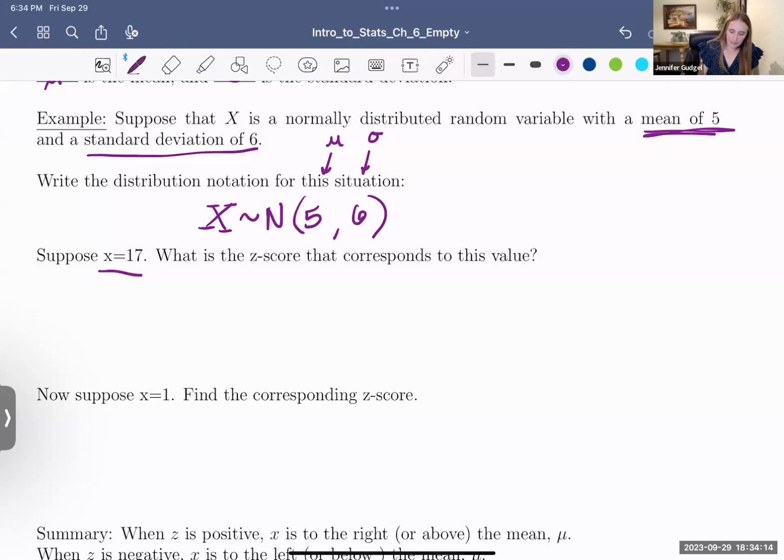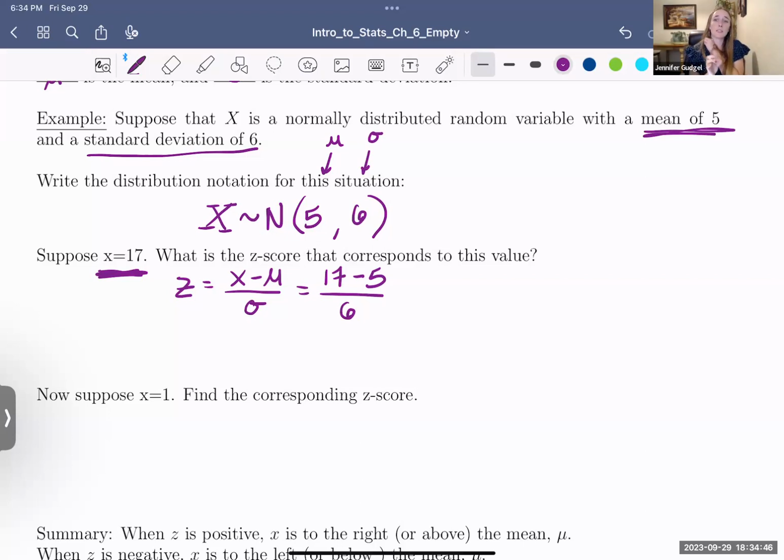Suppose X is 17. That's the data value we're looking at. What is the z-score that corresponds to this value? So if I want to find the z-score, it's X minus the mean divided by sigma. So we're taking the difference between our data value, 17, minus the mean, 5, from our situation, divided by 6. That's our standard deviation.